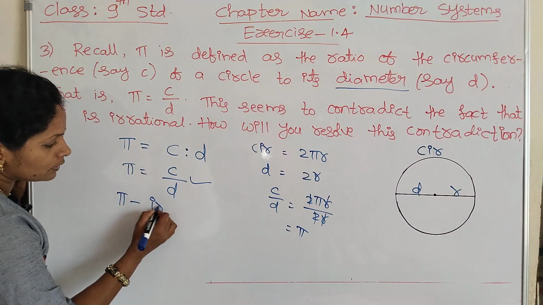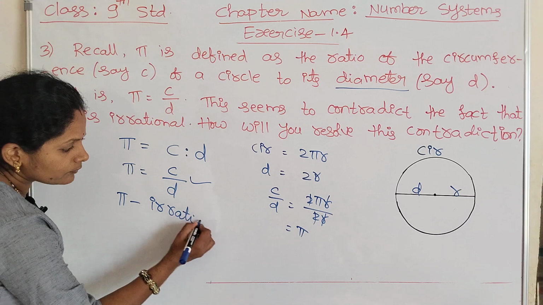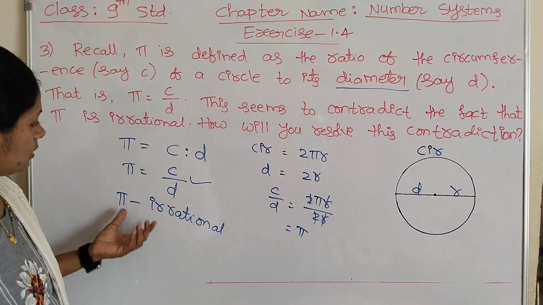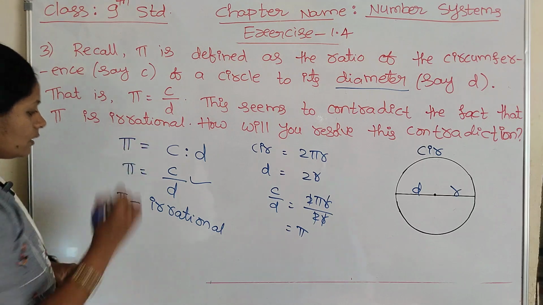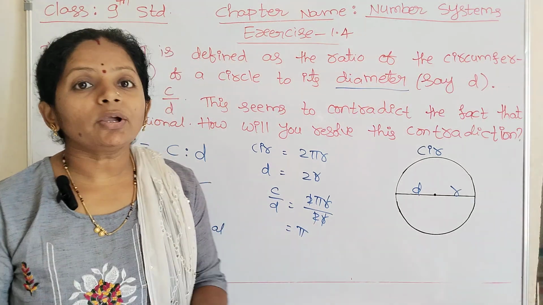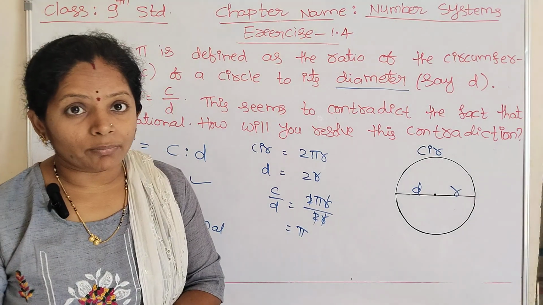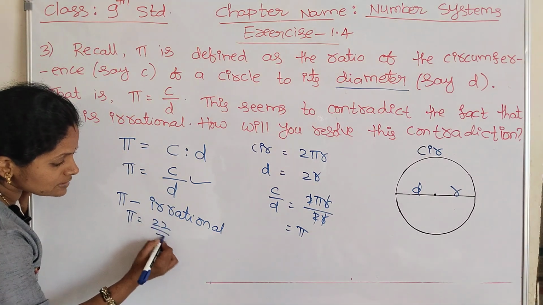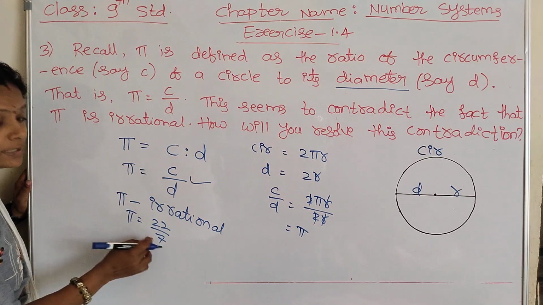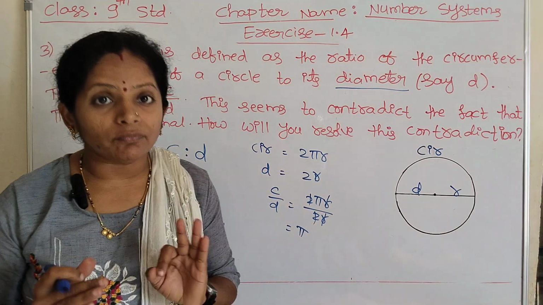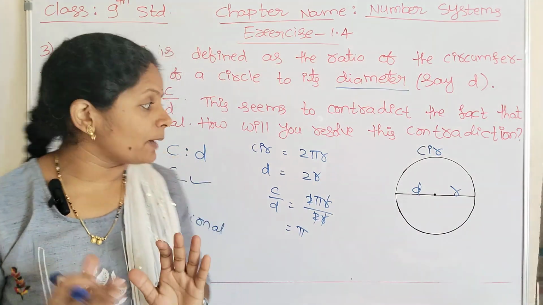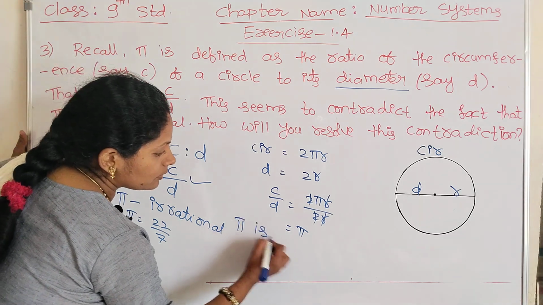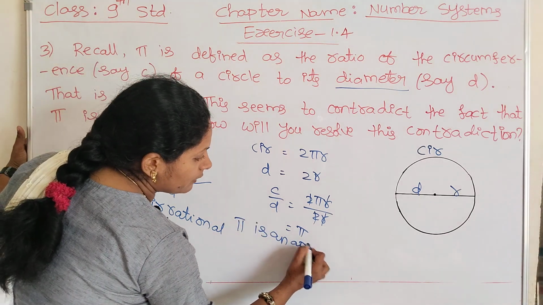Pi is an irrational number, we are saying. Why is it so? Because pi is an irrational number. We can write this pi as 22 by 7, but it is not the exact value of pi. It is just an approximate value.